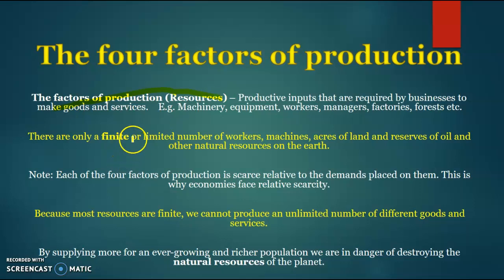So our resources are limited or finite. We only have a certain amount of workers, a certain amount of machines, a certain amount of land. So we have to make choices about how we're going to allocate or use those scarce resources. So each of the four factors of production is scarce, and we need to make choices as an economy about how we're going to use those scarce resources. So we can't produce an unlimited number of goods and services. We have to make choices.